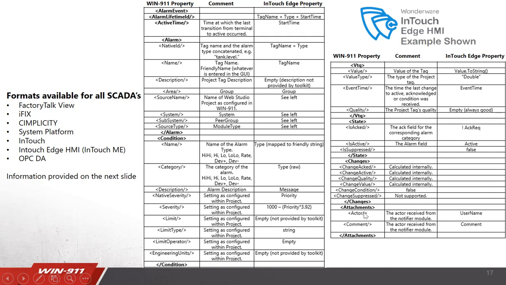There's a section for attachments, and the actor and comment. Now, technically, every alarm event has an actor and a comment, and usually those are only populated once the alarm becomes acknowledged. So the actor is typically only the person who acknowledged the alarm, and then the comment is the ACK comment.